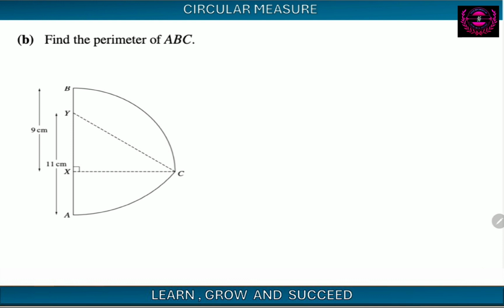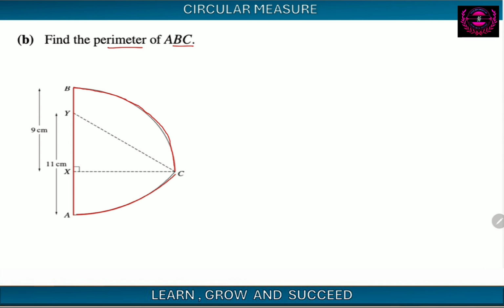Read part B, and in which we have to find the perimeter of ABC. So for that we have to find the length of AB. We have to find this arc BC and this arc length AC.